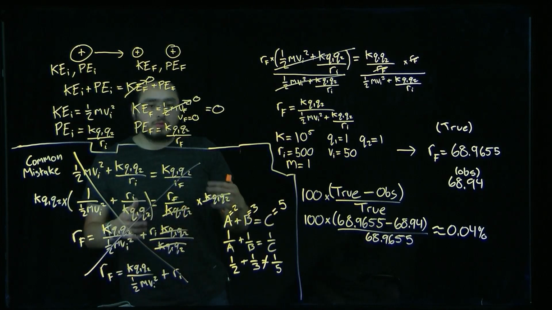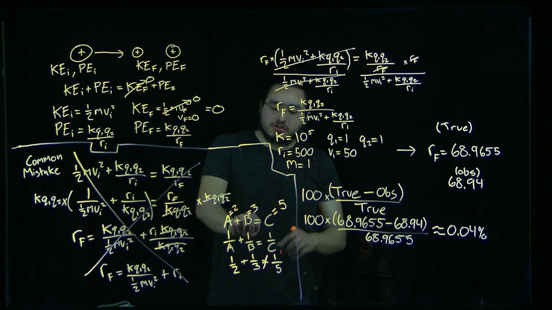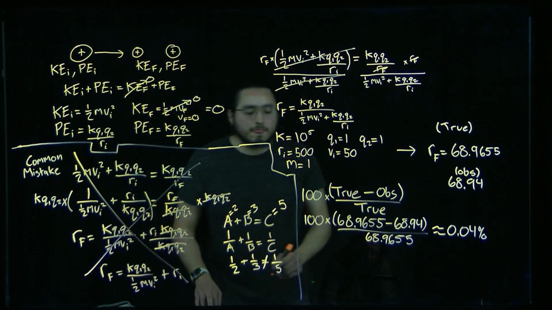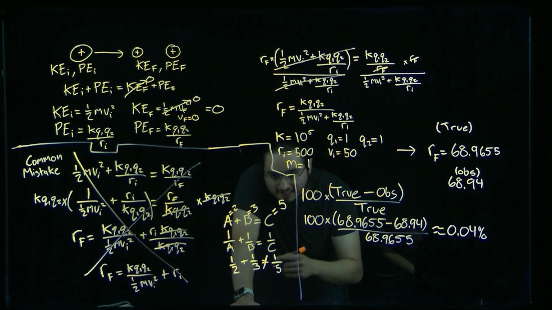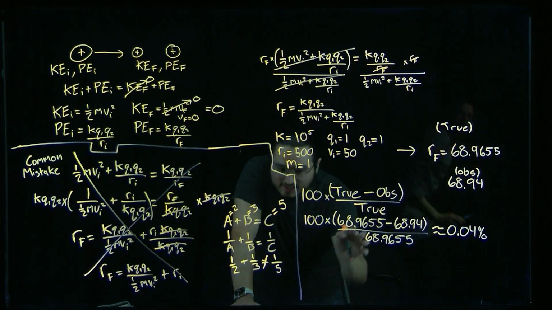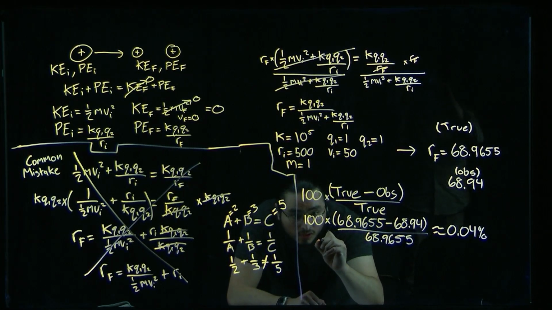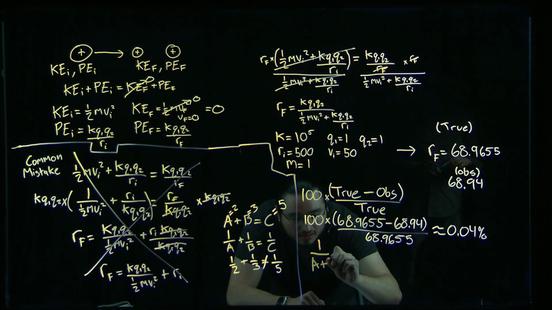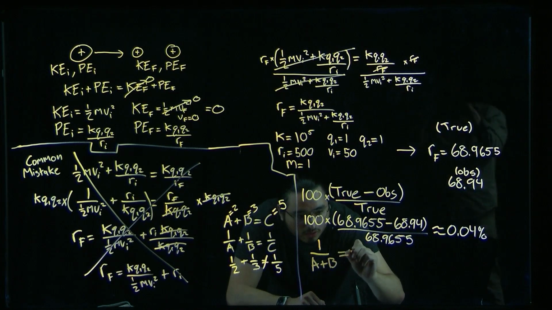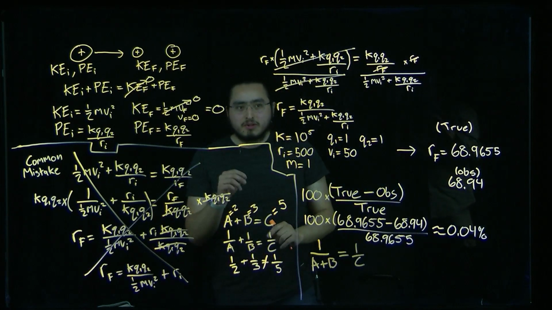So if you were doing that approach to solve for RF, I'll go back to this simple setup here. The correct way, I'll write it outside the box, would end up being that 1 over A plus B would equal 1 over C. It might seem a little subtle, right?